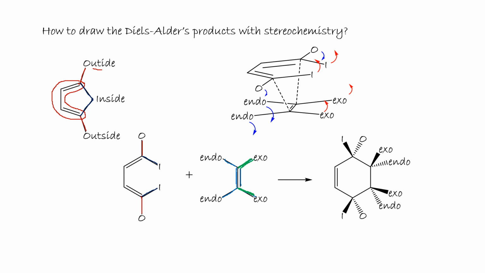Now, the group inside will be up. That's the one inside. The outside groups will be behind the plane. Endo will be behind the plane. Exo will be out of the plane.